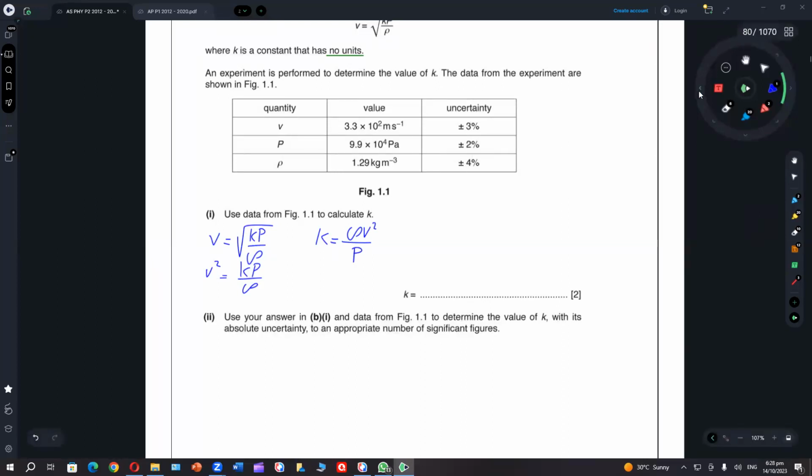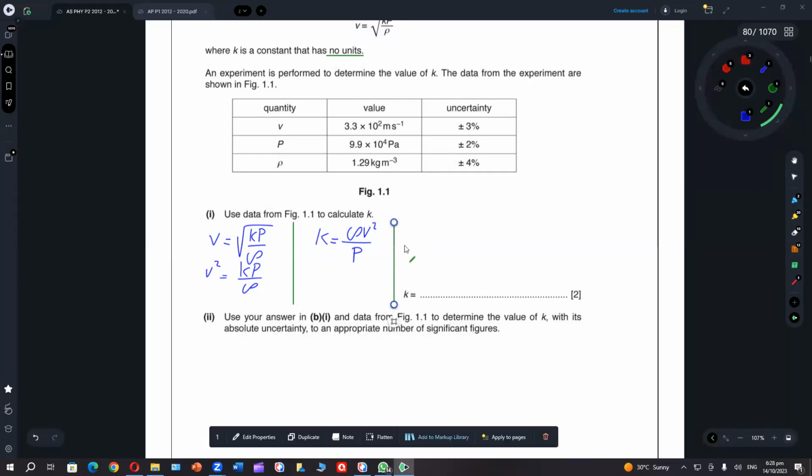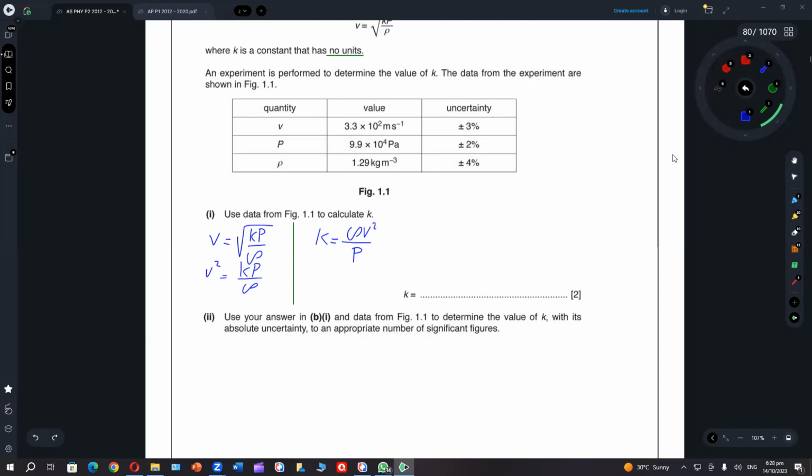Make K the subject. Density is 1.29. Velocity is 3.3.